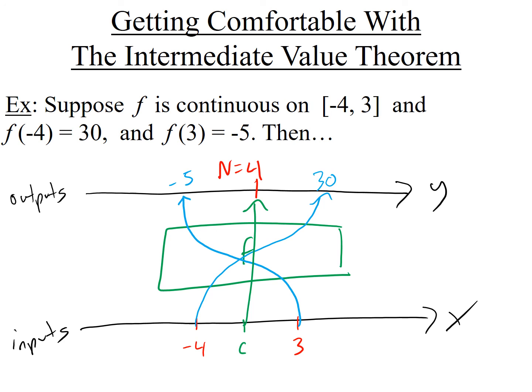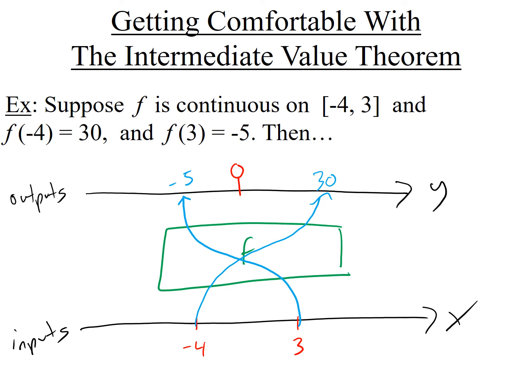So let me pick one more number here. Any number you want, in particular 0, and 0 is probably something we're going to use often. Do you guys agree that 0 is between -5 and 30?